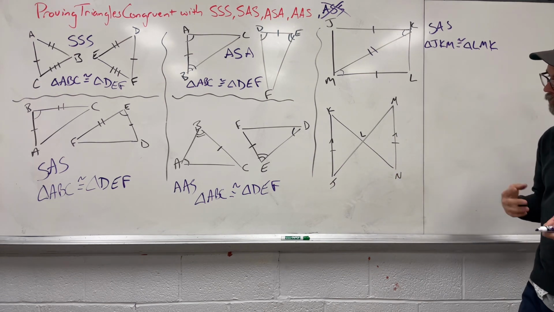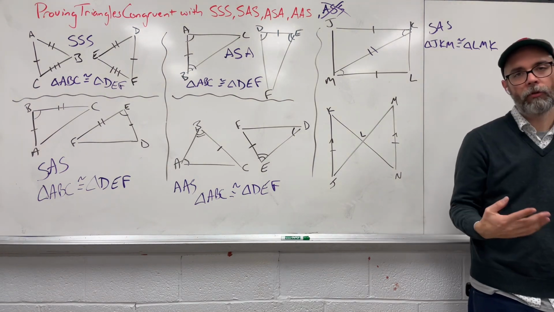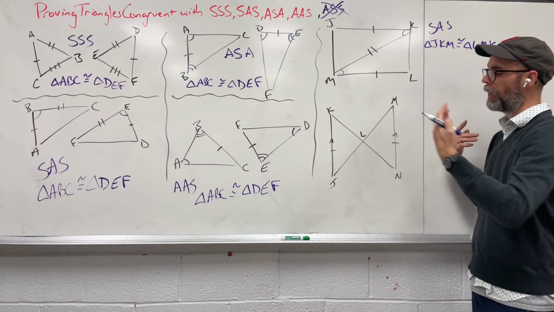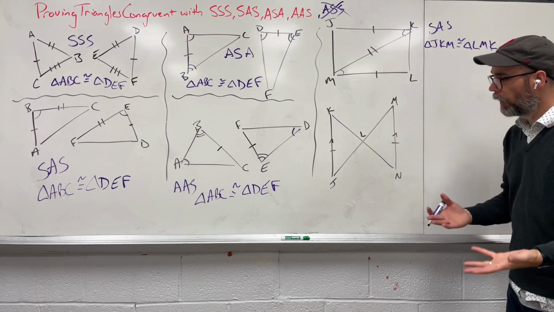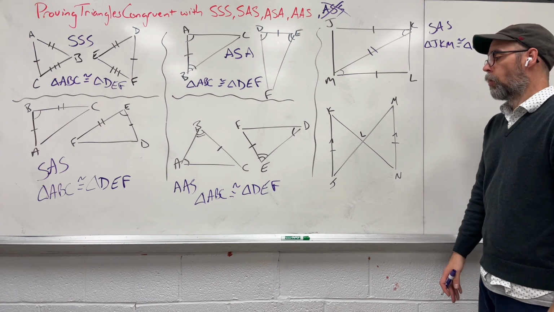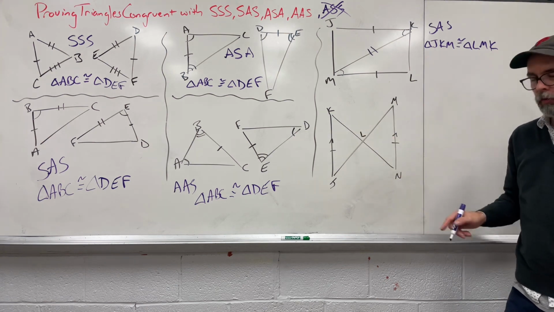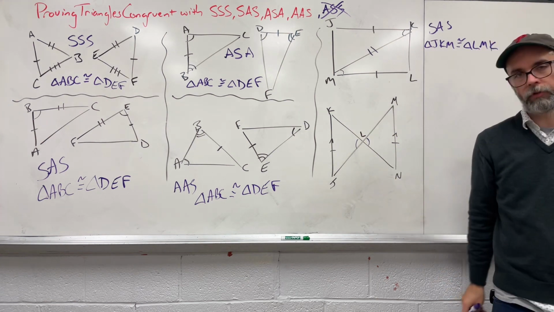So here we have some extra little features. We have these little arrows, these little speed marks here. Those arrows mean we have parallel lines. And we also know that these little tick marks say we have congruent lines. They're the same. So, okay, so much going on here. When you have two lines that cross each other, they create vertical angles, meaning those angles are the same.